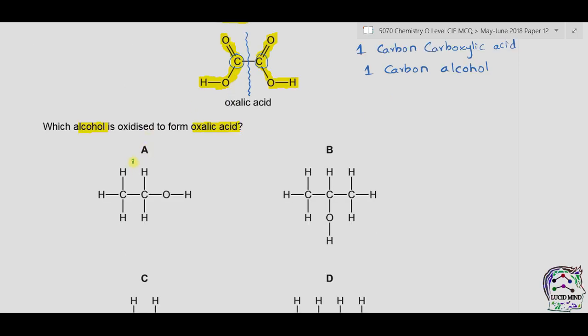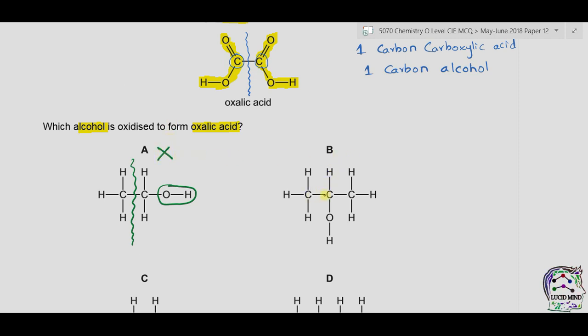In A we can see we have 2 carbon atoms. This is the alcohol functional group. And it is a 1 carbon alcohol which will form this carboxylic acid group. But this carbon does not consist of alcohol, so therefore it is not oxidized to this one, so A is incorrect.